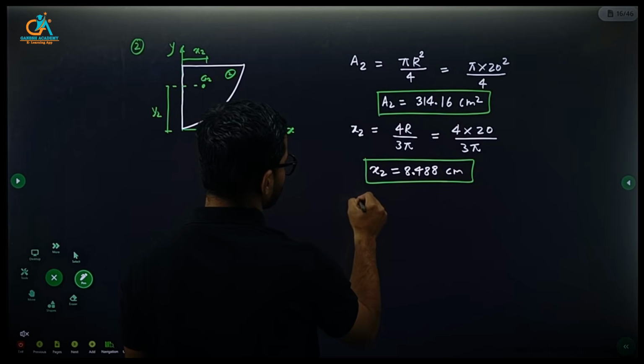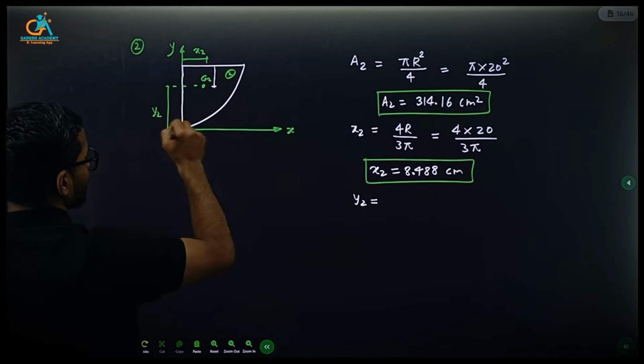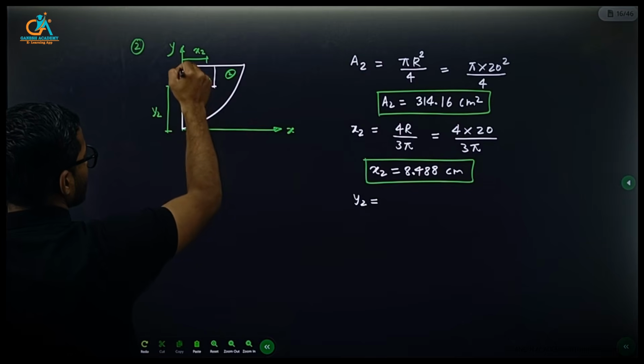And y2, this distance is 4r by 3 pi. So we need this distance. Total is r.